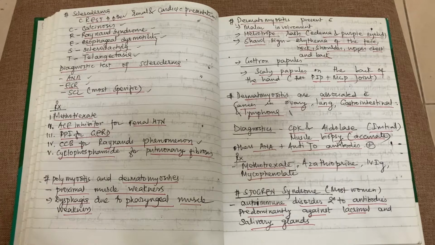Polymyositis and dermatomyositis. This is related to proximal muscle weakness and dysphagia due to pharyngeal muscle weakness. Dermatomyositis presents with malar involvement, heliotrope rash, edema and purple eyelid.